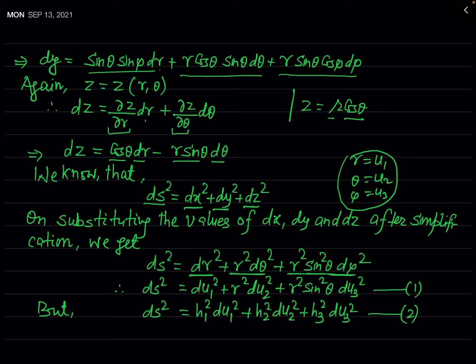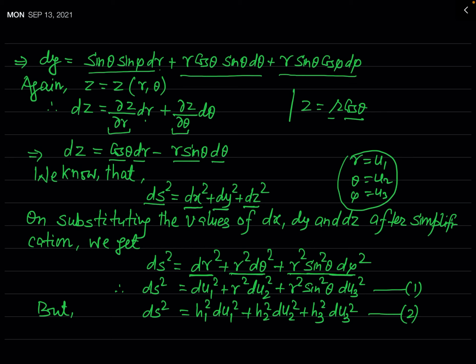So dr, d theta and d phi can be replaced by du1, du2 and du3. When we replace them, our result will be ds square equal to du1 square plus r square du2 square plus r square sine square theta du3 square.